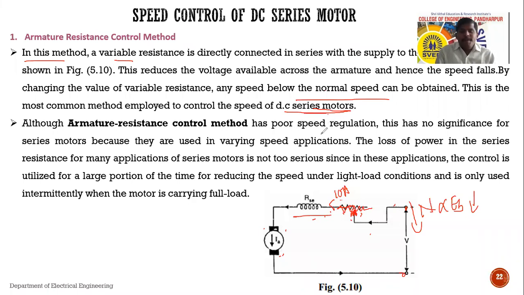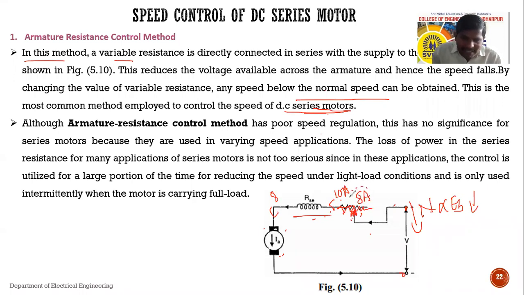Now see what happens in this case if the armature resistance control technique is used. The armature will carry the current, and this current is also carried by the resistor. See, if 8 ampere current is flowing through the armature, how much current will flow through the resistance? 8 ampere, right?